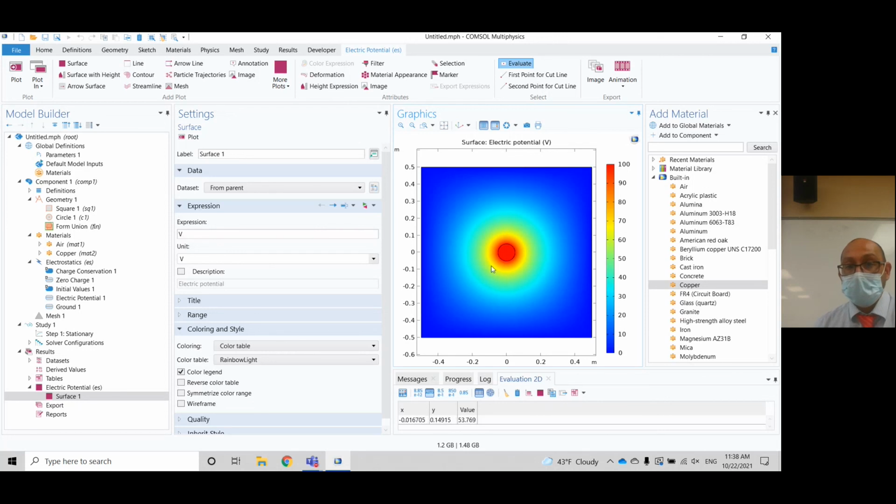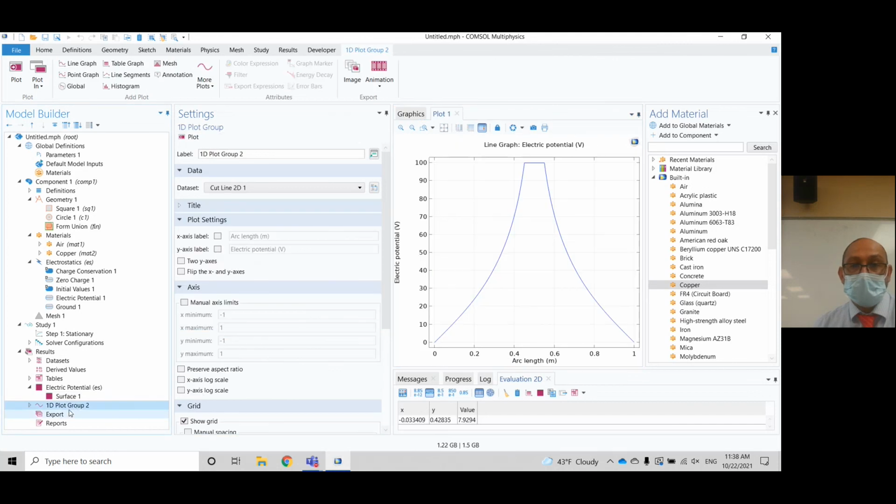If I move away, it's going to start decreasing. I can do a line like that, and it will show me the electric potential. You can see inside the circle, inside my sphere, it's going to be 100. As I move away, it decreases, and when I reach the edges of my limits, it's going to be 0.